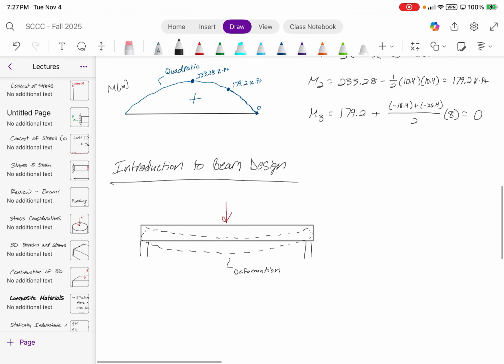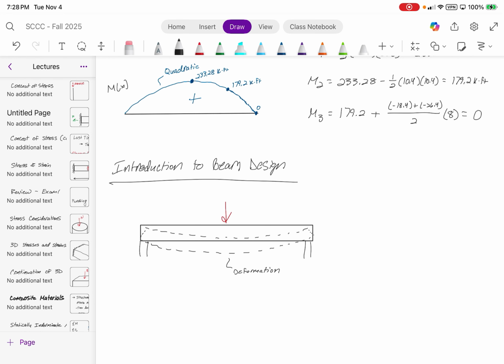Now, one of the important things to note is what the stresses look like in this beam. Are the stresses going to be the same on the top and the bottom? No. What's going to be different, Michael? So the top is going to compress.